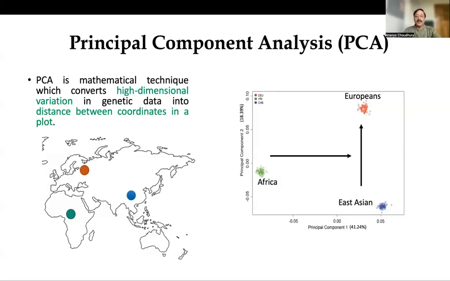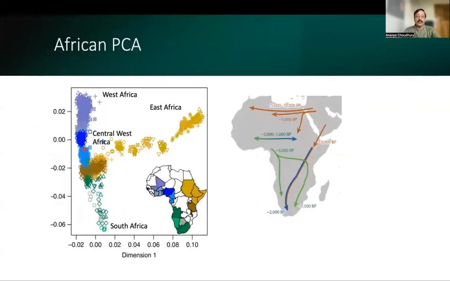So let us see how a real PCA plot reflects African genetic diversity and correlates with the major migration events. As you can see, the PC1 here separates East African populations from other African groups. The cline formed by the East African population is estimated to be due to the back to Africa migration that happened over the last few millennia.